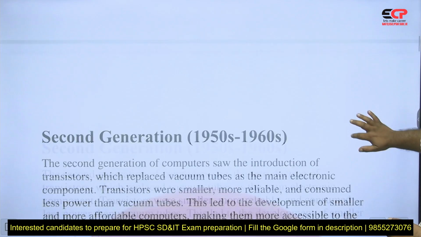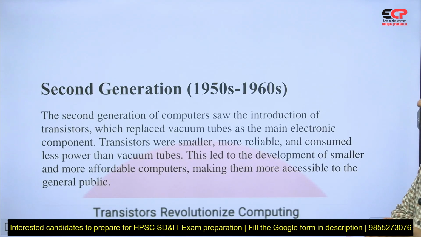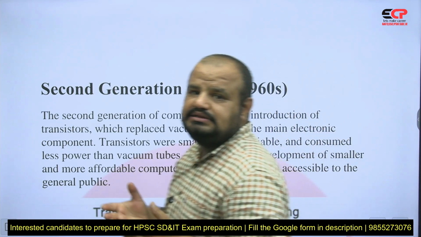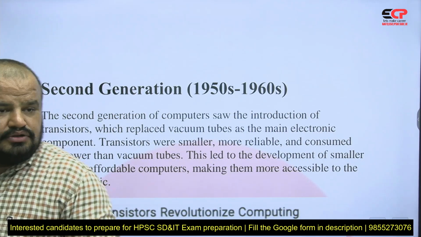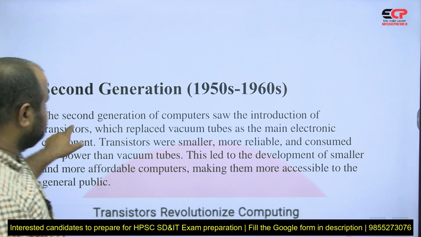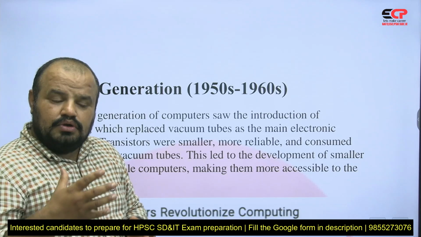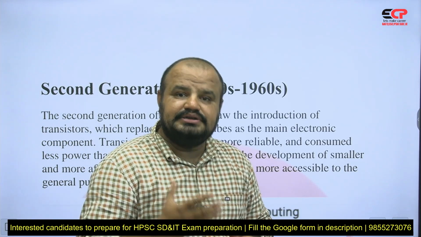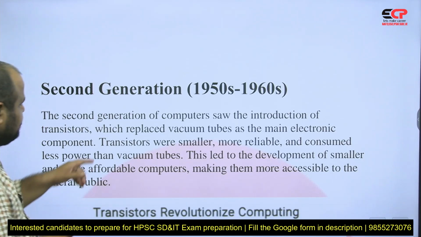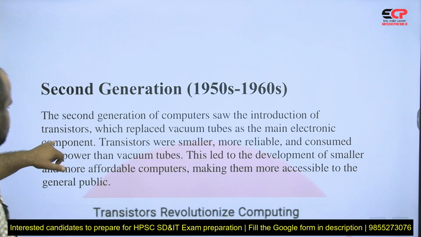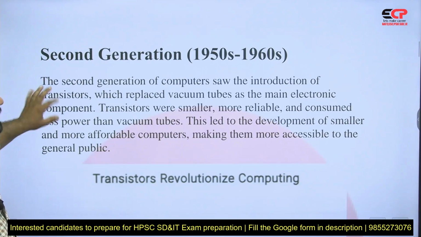Now moving ahead with the second generation. The second generation arose from the 1950s to 1960s. In this era, the second generation of computer, there was the introduction of the transistor. That means we replaced the vacuum tube with transistors. They are small in size, and replaced the vacuum tube as the main electronic component. What are transistors?